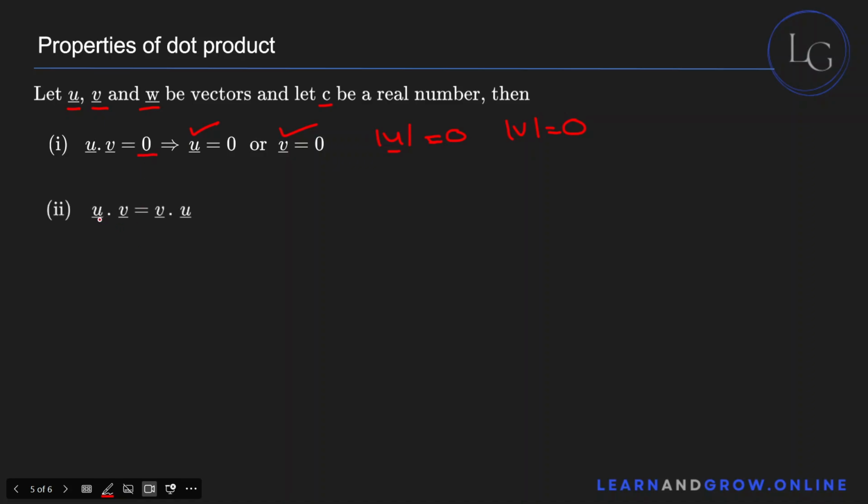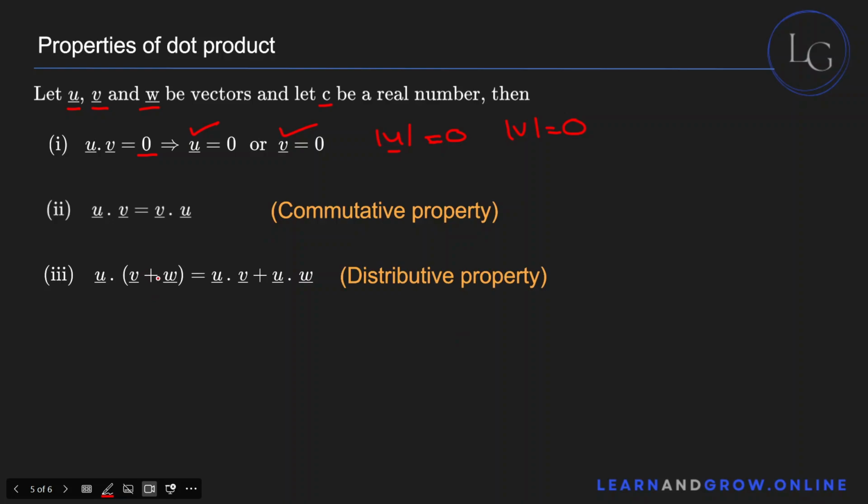So obviously 0 into cos of any number is always equal to 0, which is why we have the 0. Now, again, u dot v is equal to v dot u, the commutative property, simple. And we have the distributive property, which says that u dot the sum of v and w is equal to u dot v plus u dot w, and then you add the results up.